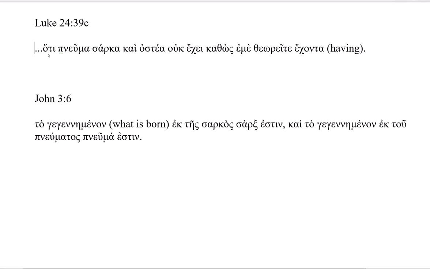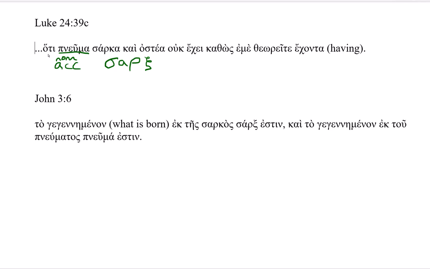Now, as we said before, this is neuter, so it could be either nominative singular or accusative singular. So we have to figure out from the sentence what's going on here. So we have pneuma, then we have sarka, and sarka comes from our noun sarx. So remember we looked at that a little bit ago.